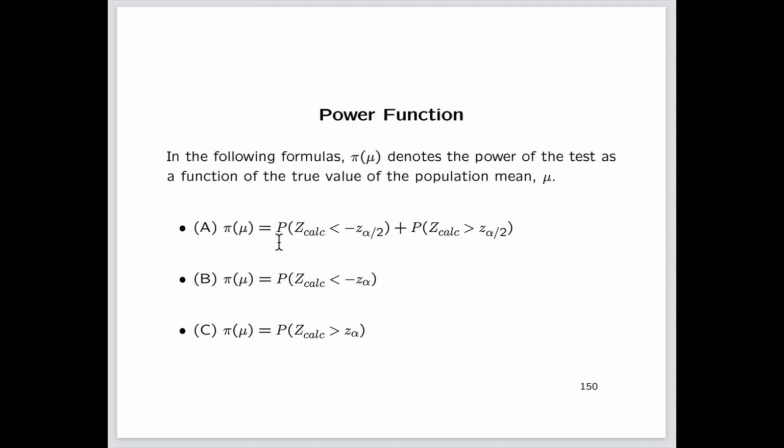The first term in the sum was the CDF evaluated at the negative z value, and so that's what this is calculating right here. To that we added 1 minus the CDF evaluated at the positive z value. Well, by the complement rule, that's what this is right here.